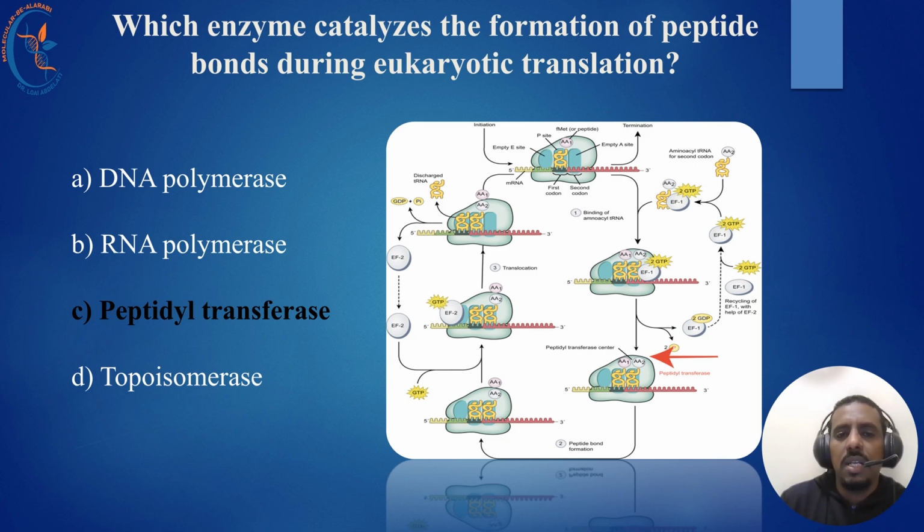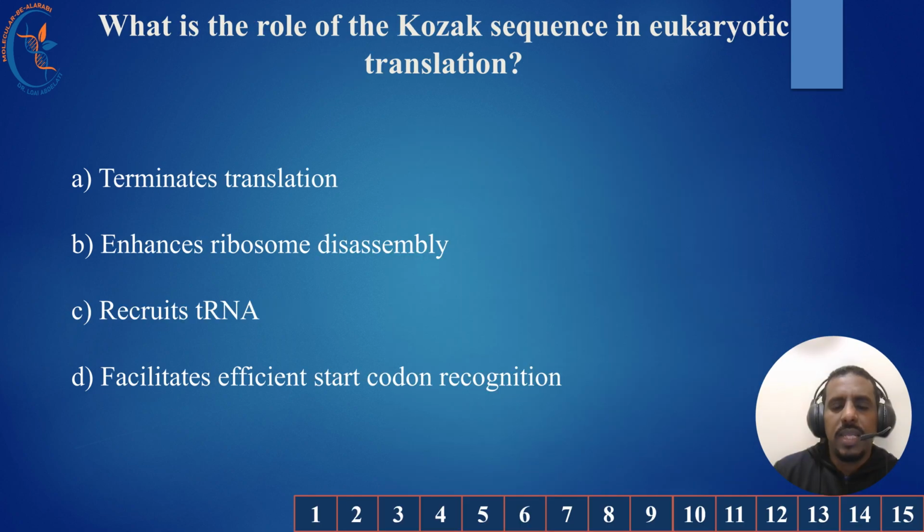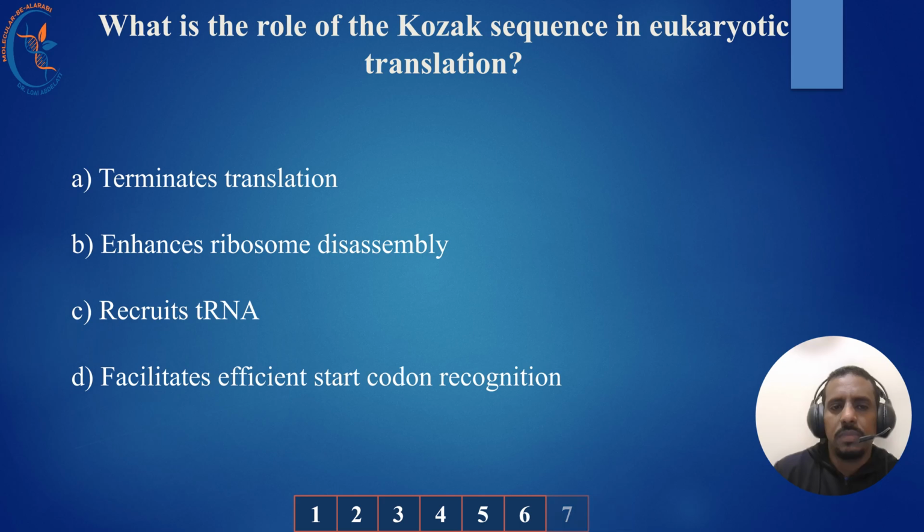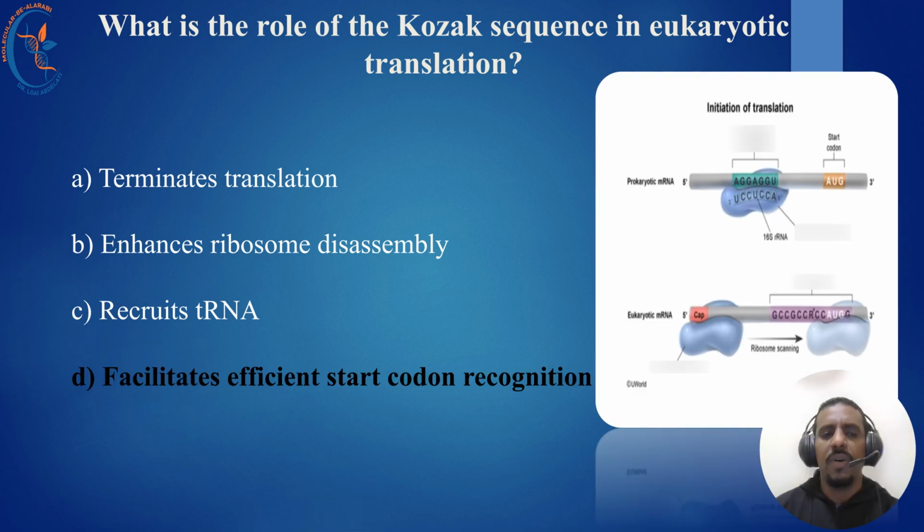Okay, let's move on. Alright, the next question is, what is the role of the Kozak sequence in eukaryotic translation? Alright, the consensus Kozak sequence is represented as 5' GCC GCC, as we see in the picture, followed by the start codon AUG in eukaryotic messenger RNAs.